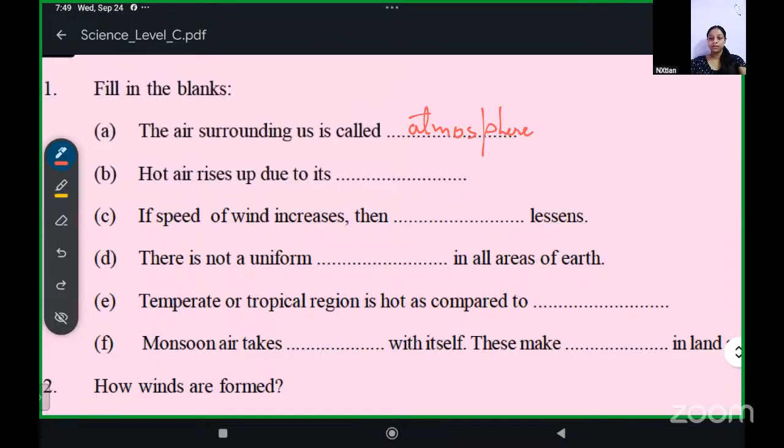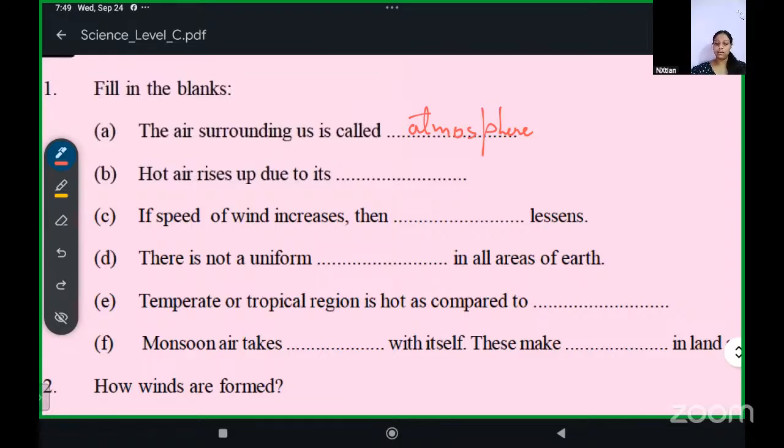Okay. Take a look at the next question, Emma. Hot air rises up due to it. Yes, hot air rises up due to it.